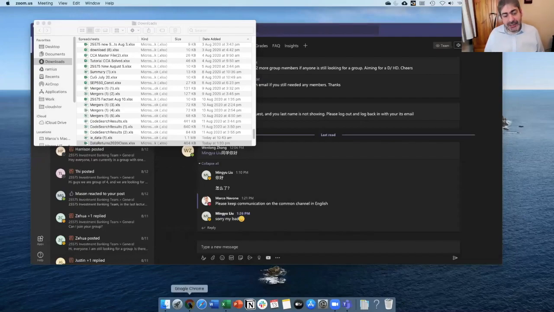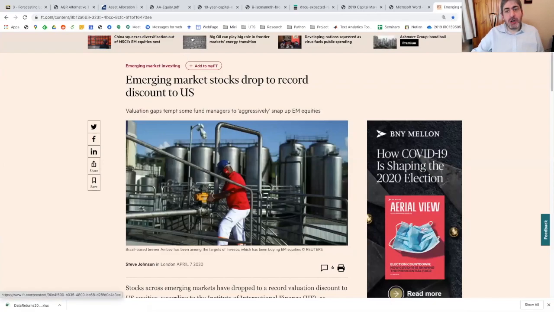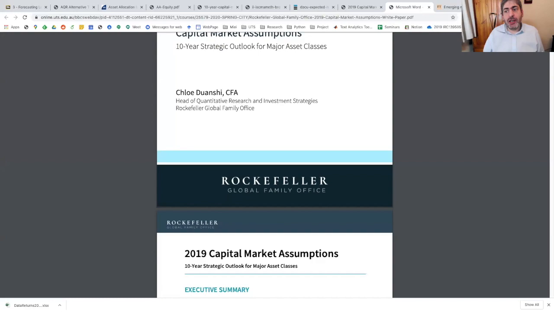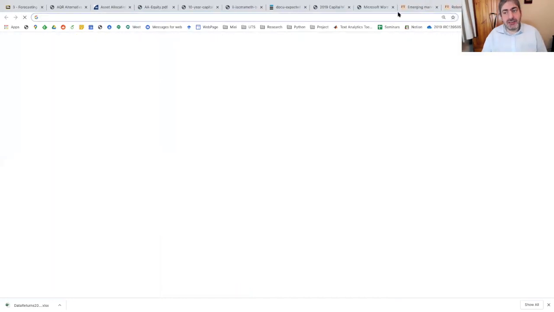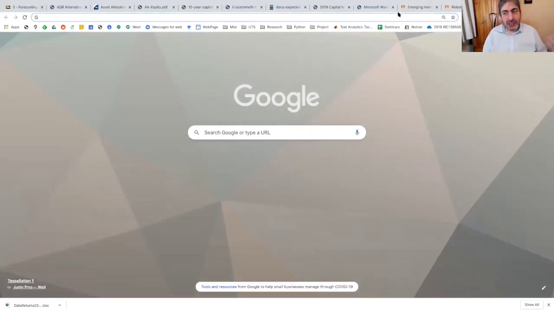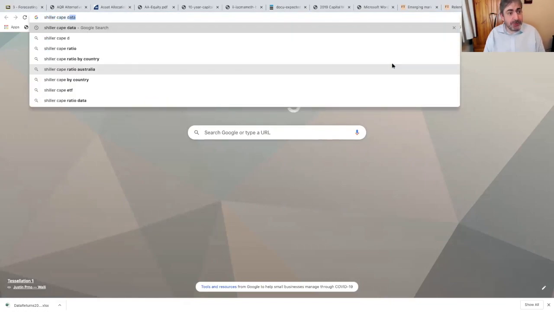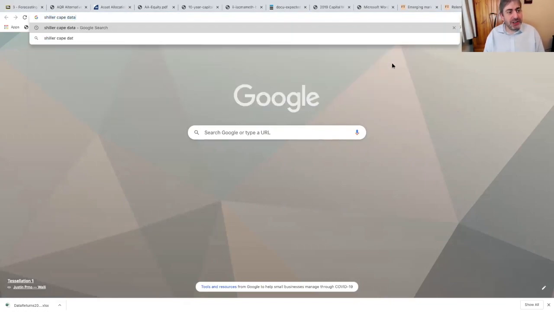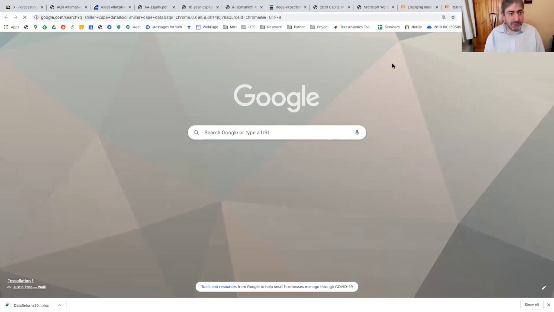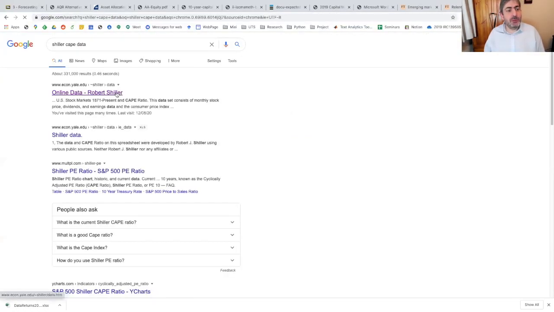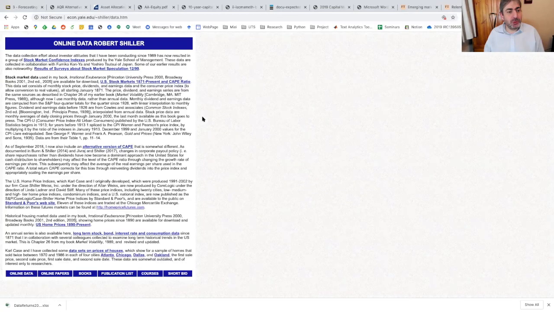All the data that I've shown you on US equity that we are using in the exercise, you can simply find by Googling Shiller CAPE data. If you Google Shiller CAPE data, you will find the page where Bob Shiller, that is a Nobel Prize winner, publishes all his data on the US stock market.